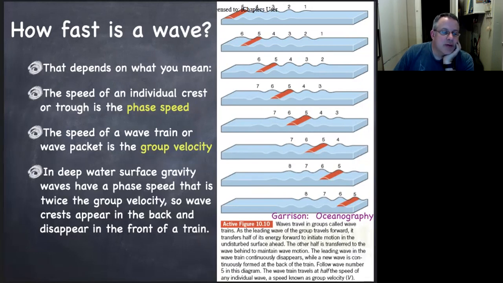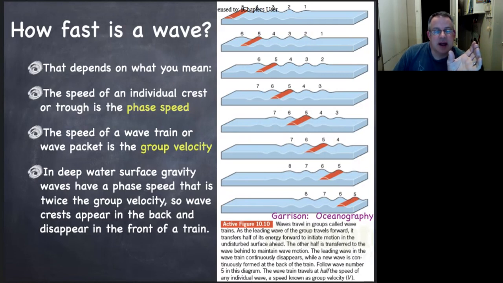So the group velocity is the velocity of the whole group, all these wave packets. The phase speed is the speed of one particular crest. So as the group propagates, it's propagating half as fast as this crest is.